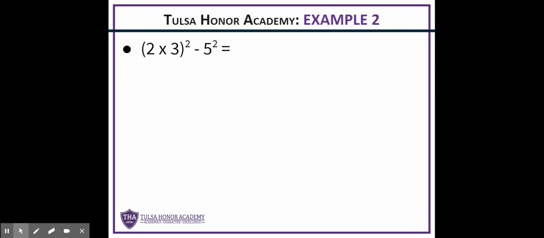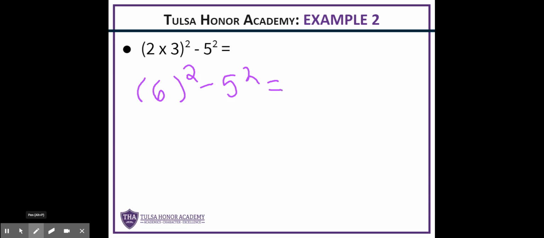All right, so for our example 2, we have parentheses 2 times 3, to the squared, minus 5 squared. To solve this, remember we first do our parentheses, so 2 times 3 is 6, and then I'm just going to write the rest out.